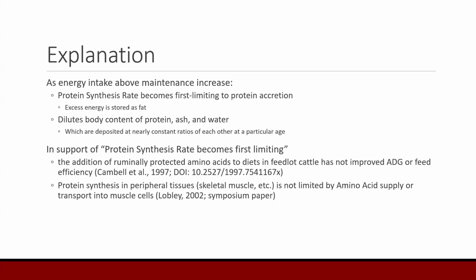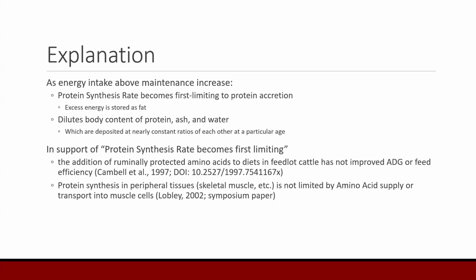So, in support of protein synthesis rate becoming first limiting, okay, studies done where they looked at providing ruminally protected amino acids to diets of feedlot cattle did not improve average daily gain or feed efficiency. So, protein synthesis in the peripheral tissue, so skeletal muscle, okay, is not limited by amino acid supply or transport of amino acids into muscle cells.